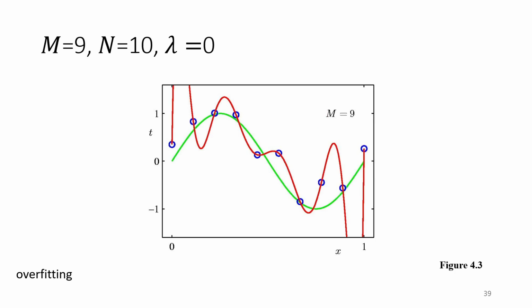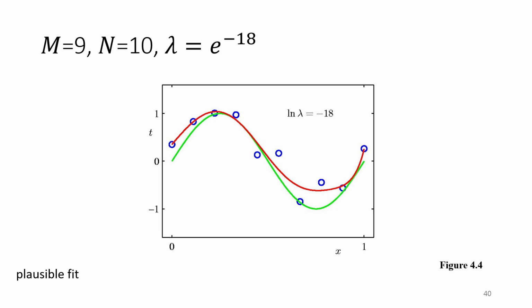If lambda is 0, what does it mean? It is equivalent to the case of ninth order polynomial with 10 data points, as lambda is 0 means there's no penalty term. So you still see the same curve.